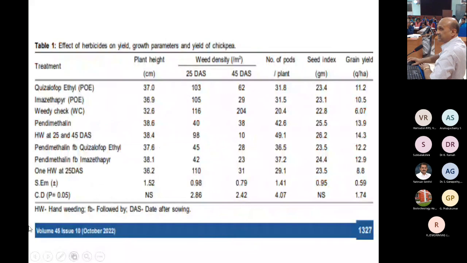In the same way, in 2022 also the use of herbicides was found to affect the performance of the succeeding crop, and even the crop itself. With hand weeding at 25 and 45 days after sowing, you can see higher grain yield and no phytotoxic effect.